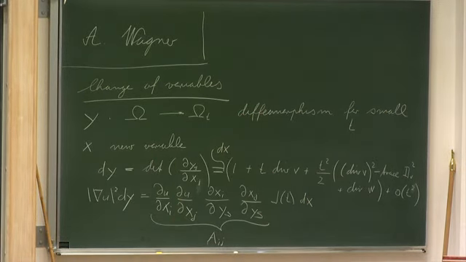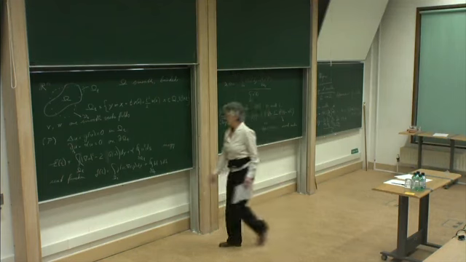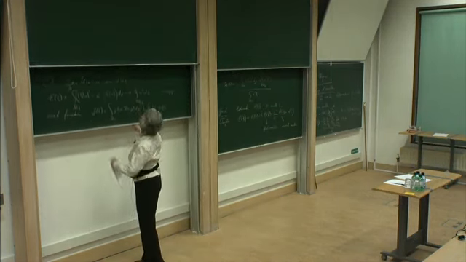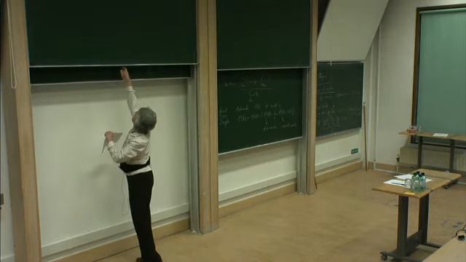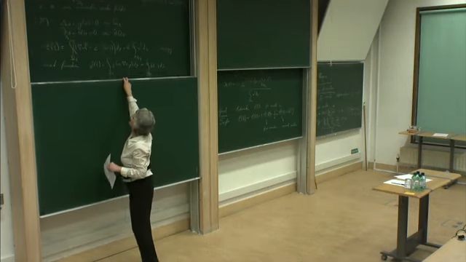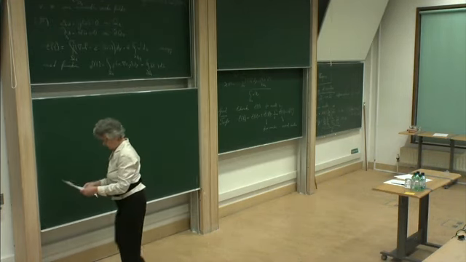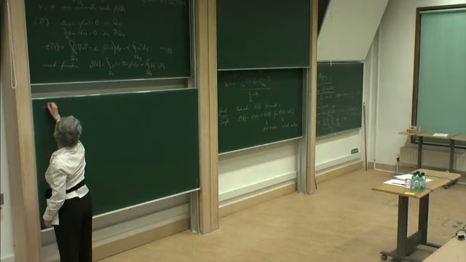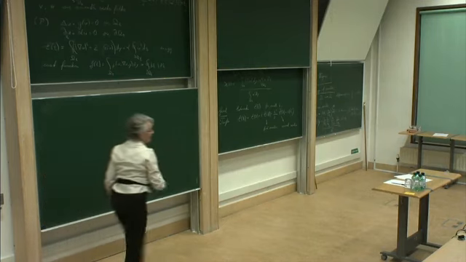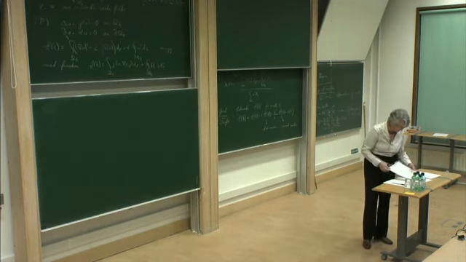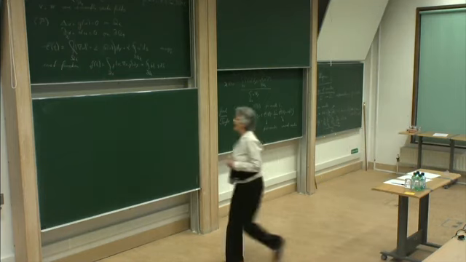Okay, so if we have this, we get for the energy an expression of this type, or maybe before I write the energy, let us just look at what comes out.